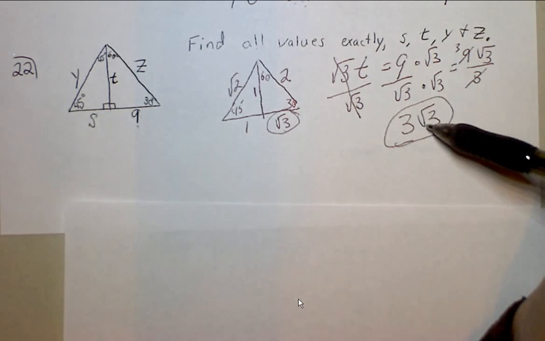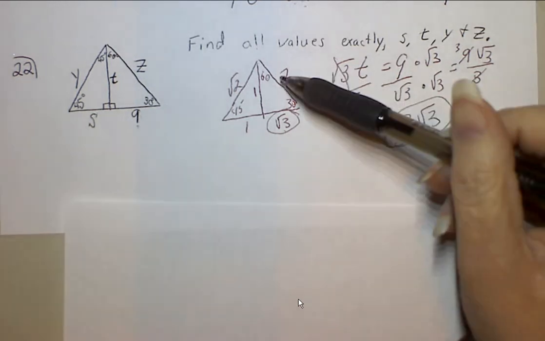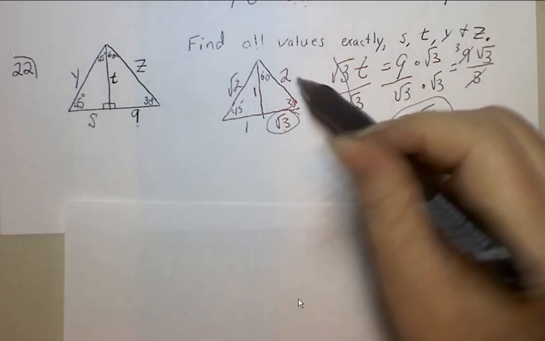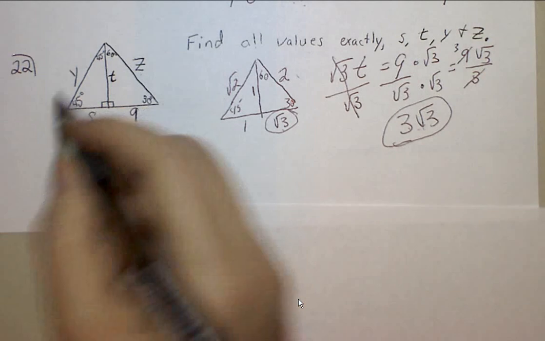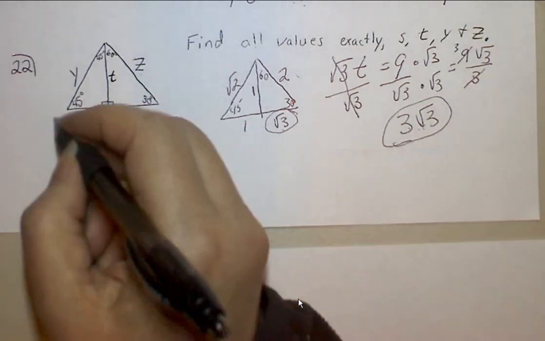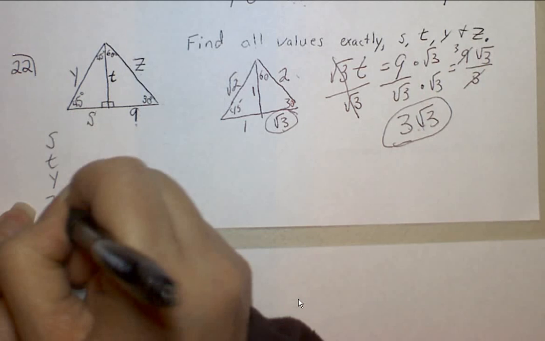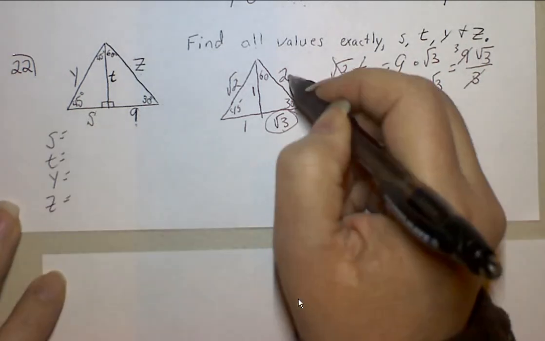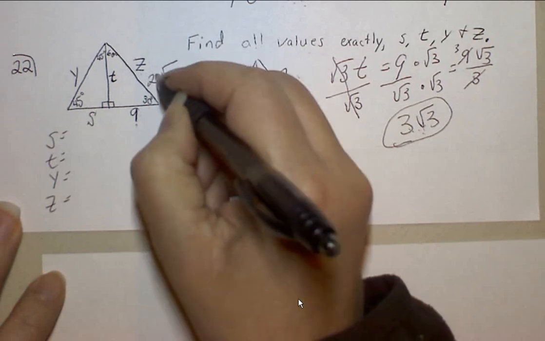So I'm going to multiply 2 by that to get z. So we have your s, t, y, and z. We're just going to multiply, so we go 2 times the 3 square roots of 3.